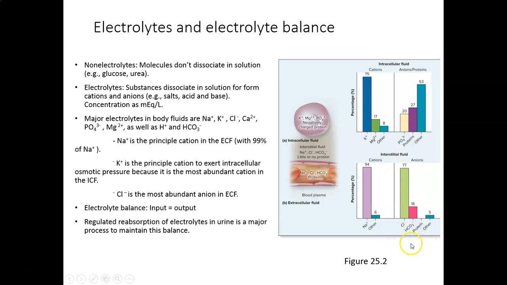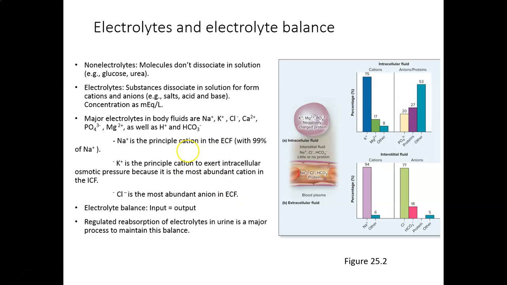And the ECF has a lot of bicarbonate as an anion. That's because we use bicarbonate as a buffering system for the ECF compartment, in the blood plasma as well as the interstitial fluid. So that's how you can remember where you can find them.